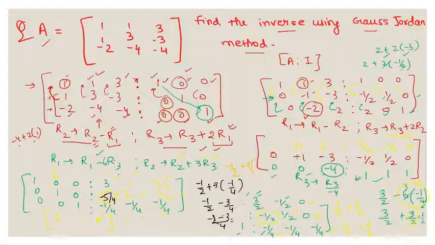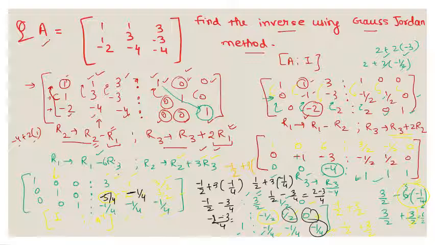And then you have 1 by 2 plus 3R3, which is minus 1 by 4. So again 1 by 2 minus 3 by 4, which is now 4, 2 minus 3, minus 1 by 4, right? Then this should be 0 minus minus. So this is minus 1 by 4. That means minus 3 by 4, right? So now this is your inverse.